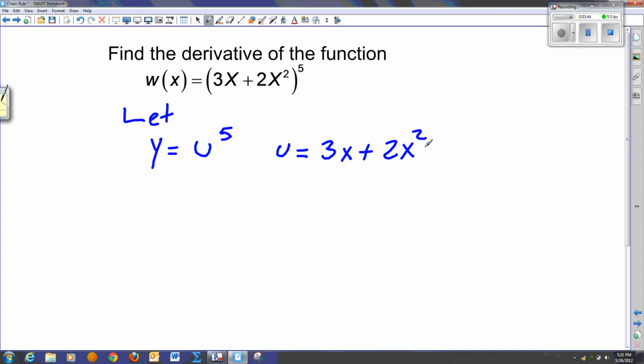Now we're going to take the derivative of each of these. This is going to be some change in y over the change in u, which is basically y prime in terms of u. So that's going to be 5u to the fourth.